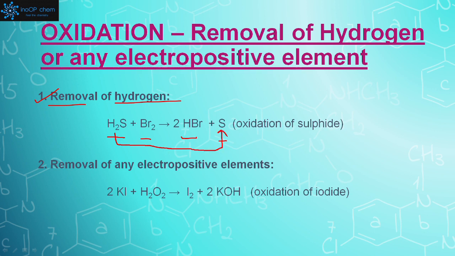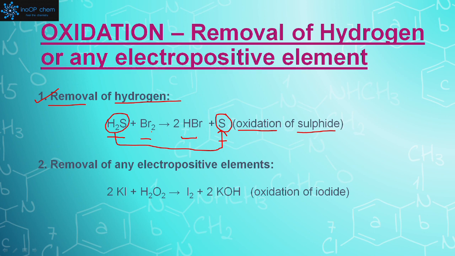Hydrogen and sulfur are combined, and in the product sulfur is alone. That means removal of hydrogen takes place, which means oxidation of sulfide ion takes place. The reaction is called oxidation because removal of hydrogen takes place.